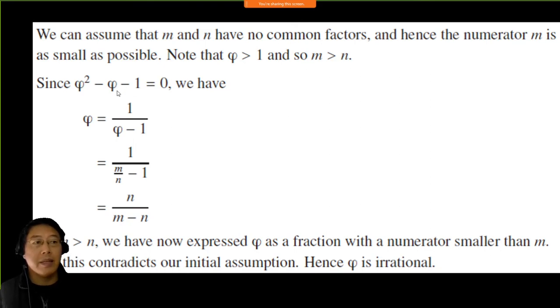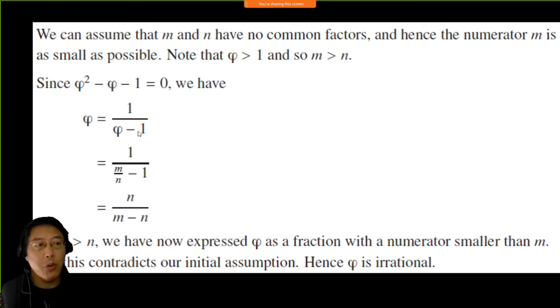Now, if you go back to the golden ratio equation, we have that equation. We're not substituting yet. We transpose the negative 1 to the other side. The first two terms, phi squared minus phi, we can factorize phi, and the remaining factor, phi minus 1, we transpose to the right hand side as a denominator.